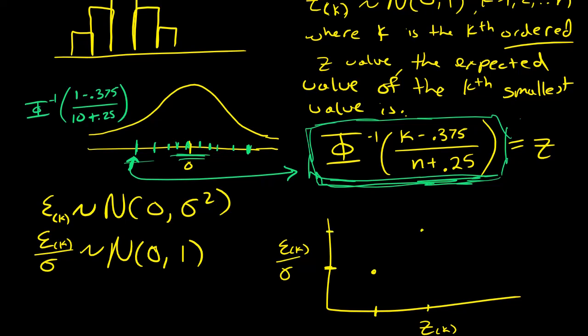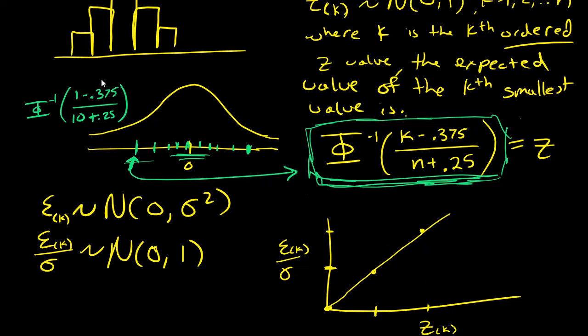So this is what a plot of these epsilon divided by sigma would look like. It would be a straight line that goes through the origin and has a slope of 1. They're identical to each other, basically.